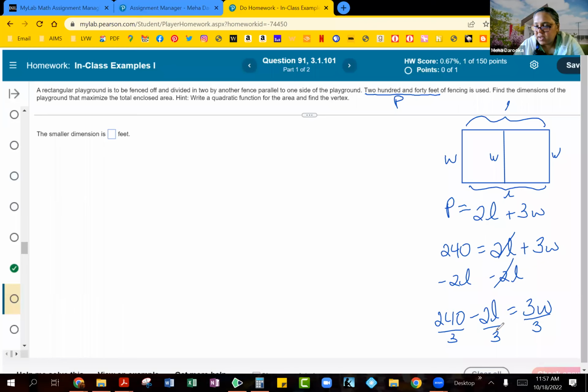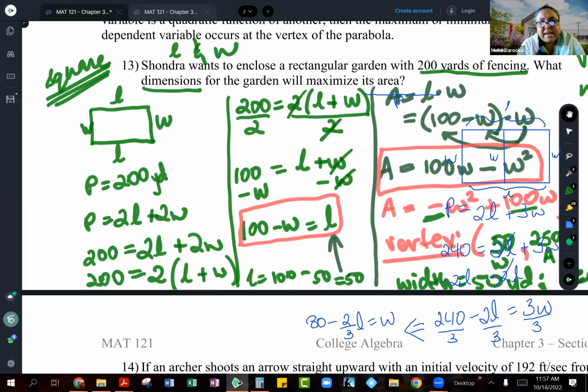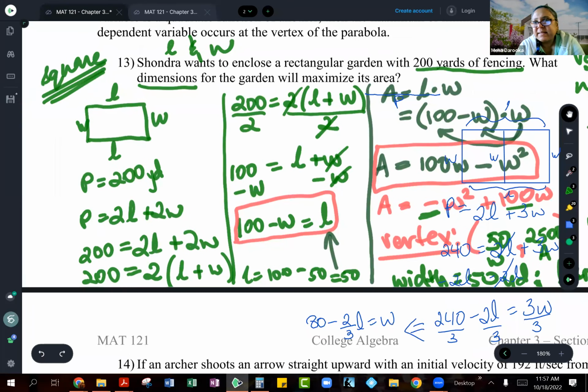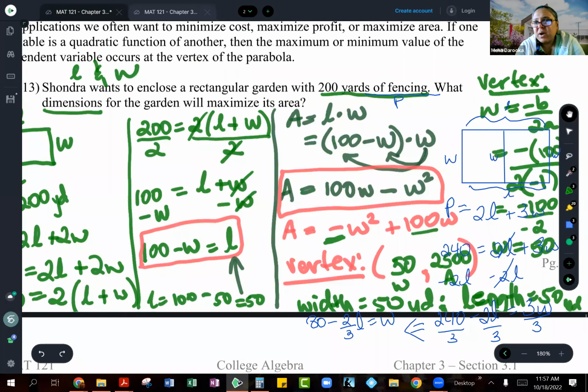Of course, 24 goes into 3 evenly, so 240 will also go into 3, and this will end up giving us 80 minus 2/3 the length equals W. Again, in our example, we didn't have to worry about fractions, but it's the same thing we did. We got one variable by itself, and then we were able to substitute that into our area formula.